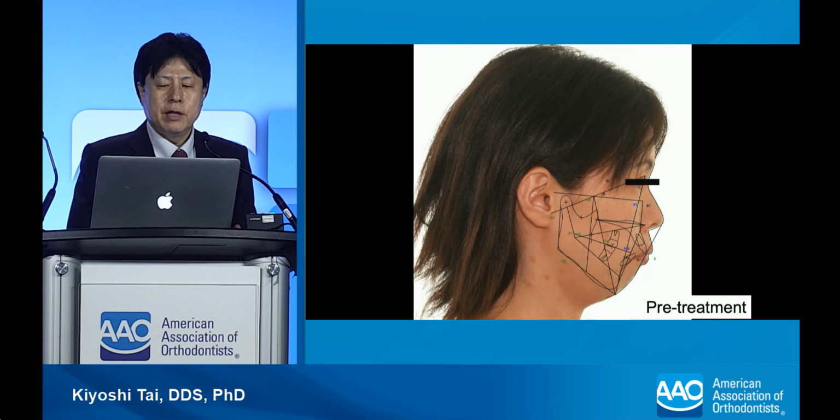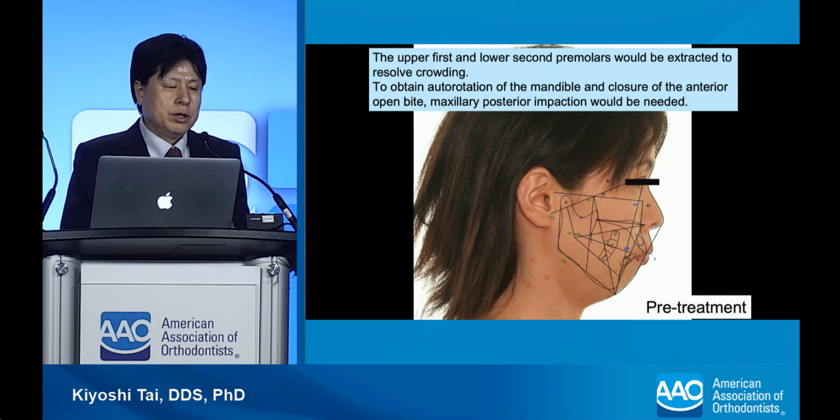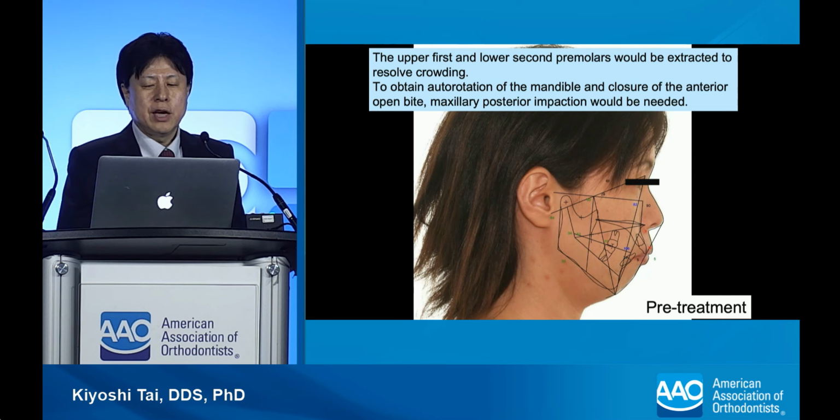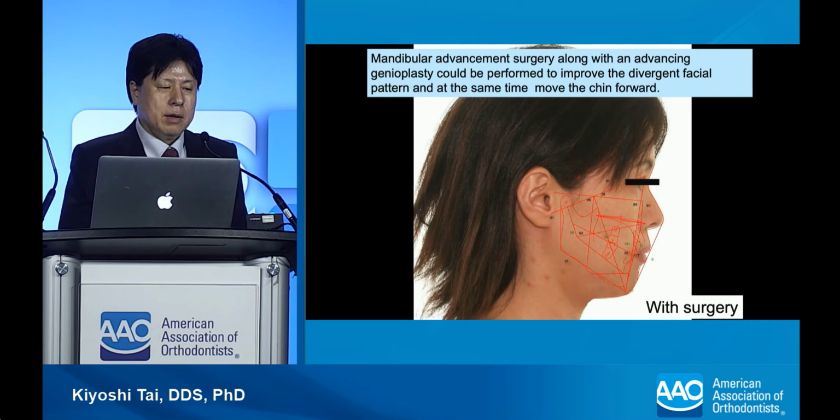The upper first and lower second premolars would be extracted to resolve the crowding. To obtain autorotation of the mandible and closure of the anterior open bite, maxillary posterior impaction would be needed. Mandibular advancement surgery, along with advancing genioplasty, could be performed to improve the divergent facial pattern and at the same time move the chin forward.